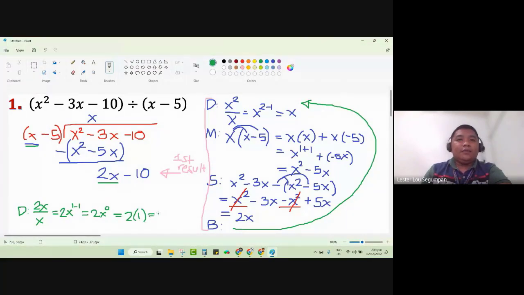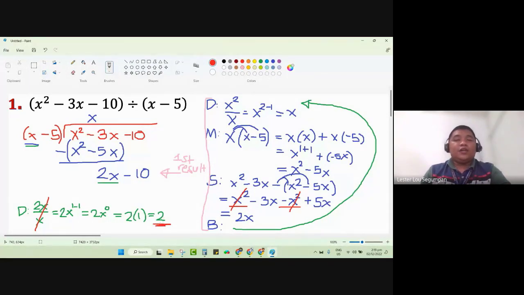Then it will still be resulting to 2. Or, as I mentioned earlier, you could just simply use the cancellation law, and what retains here is just 2. That's why the result here is 2.